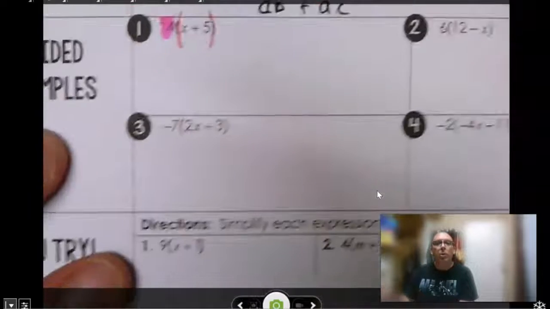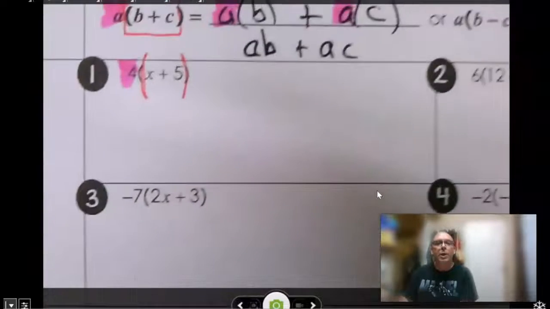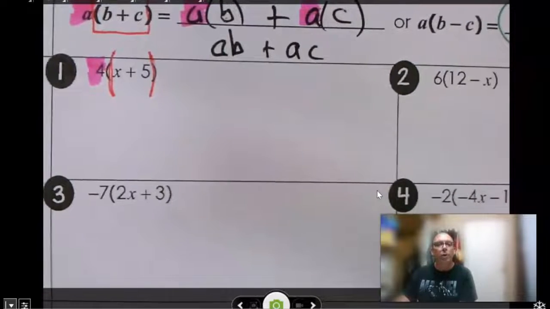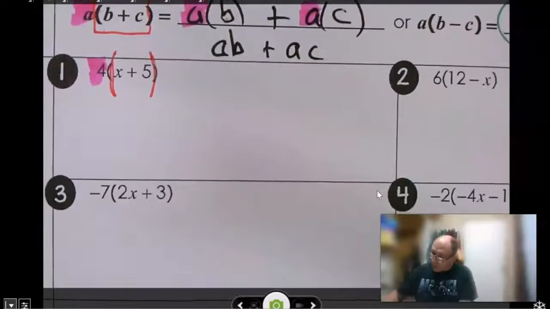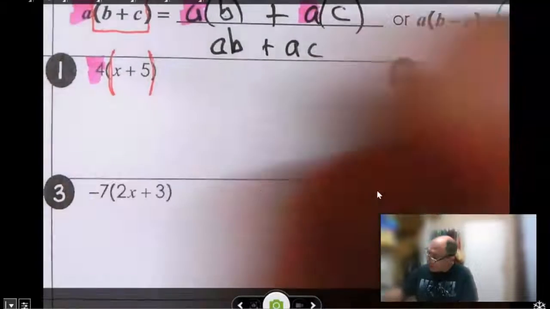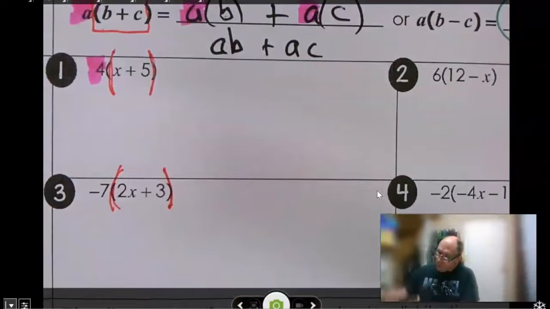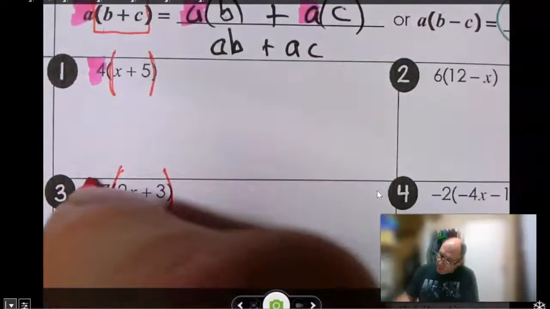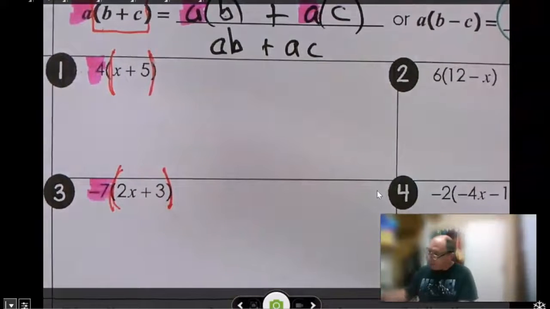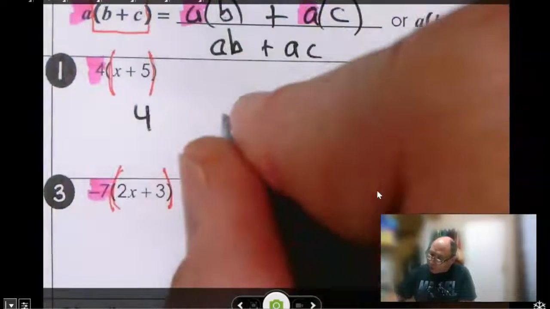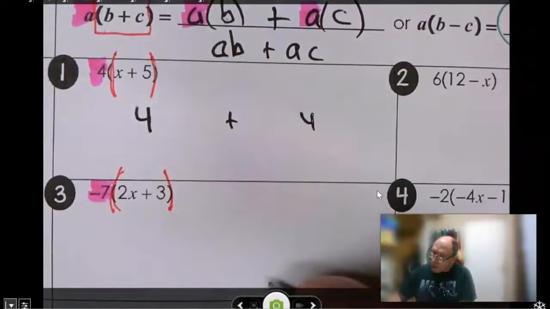I'm going to zoom in a little closer here. We'll do 1 and 3 together, and I'll let you do 2 and 4 on your own. Now we better do those, they've got some funny negatives in there. So I've got my parentheses, and I've got the thing that I'm distributing. In this problem, I'm distributing a 4 to one term, and I'm distributing a 4 to another term.